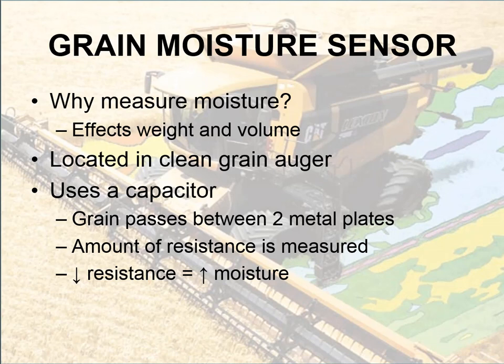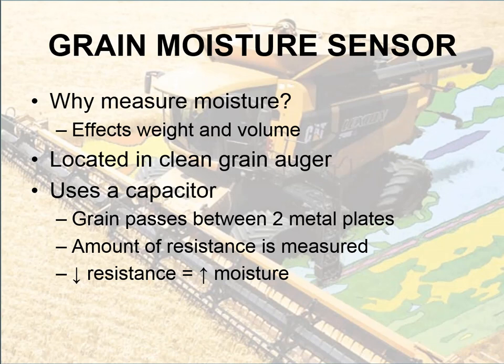Once again, a moisture sensor is located in the clean grain auger, because that is the best place to mount it and have access to the grain we need to measure. We see some variations in how they're built, but they all use the same basic principle: they use a capacitor. As grain passes between two metal plates, or a metal plate that has electrodes on it, the capacitor measures how much resistance there is.